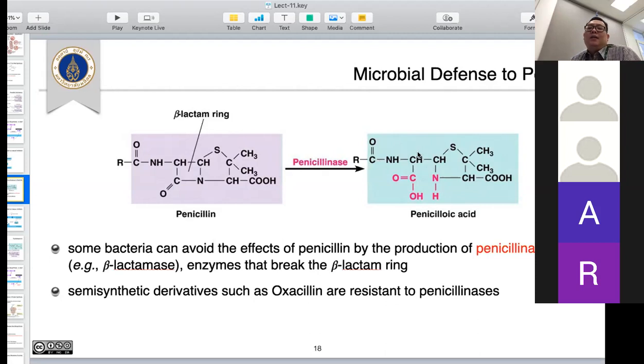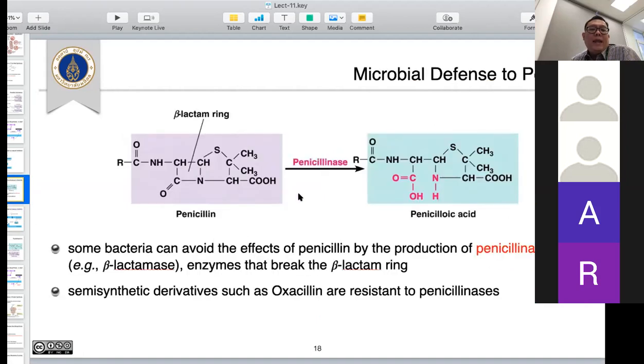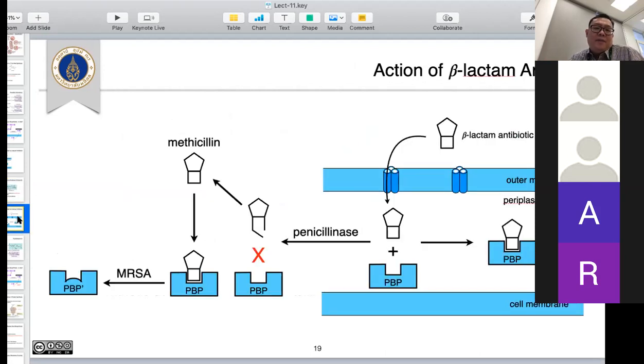Okay, so the way that scientists can do is keep changing the R group. The new R group makes the enzyme unable to recognize it, but the bacteria keep mutating to recognize the drug all the time. Okay, this is the war of human and bacteria.